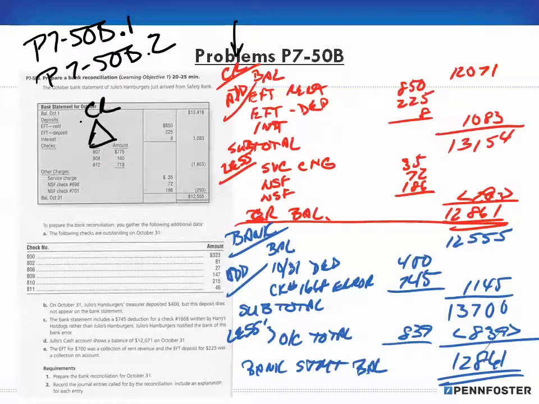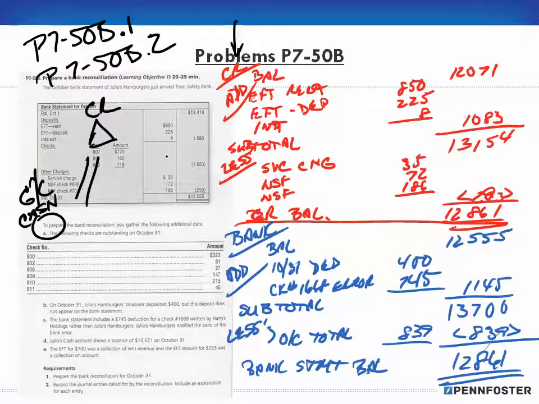We have a book, and every time we affect cash, we write the deposit in that check register, or when we write a check, we write it in the check register. So our check register should equal our general ledger cash account. These should be the same, right?